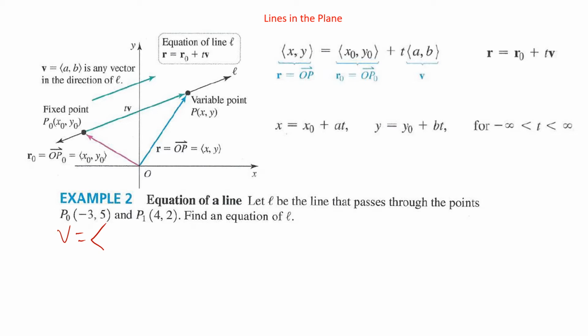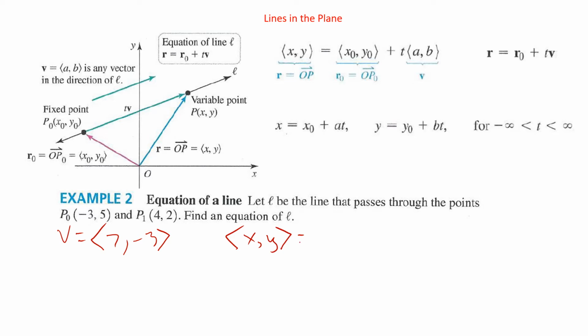So how do we get from negative 3 to 4? We add 7. How do we get from 5 to 2? We subtract 3. There's my vector. We have our p naught. We can turn that into a vector to get x comma y.